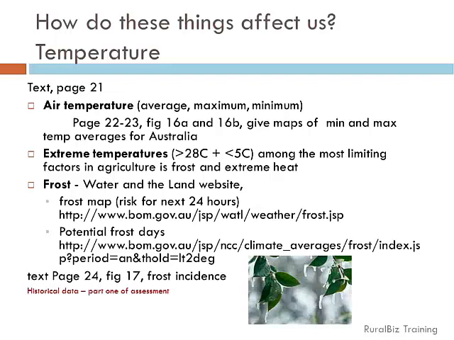The extremes of temperature, however, are amongst the most limiting factors in agriculture. Frost, the number of and extent of frost, and the amount of extreme heat can be limiting factors on where we can grow particular things or what particular sort of livestock will work efficiently in our area.